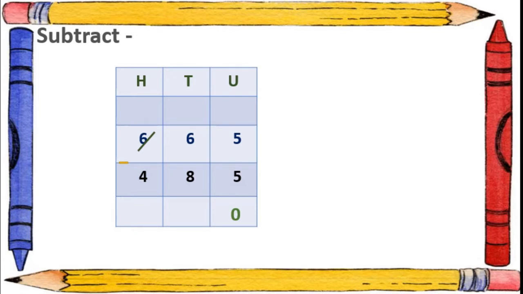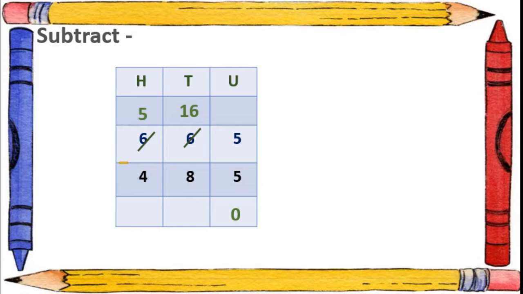You know that 100 is equal to 10 tens. Correct? 100 is equal to 10 tens. That 10 tens plus these 6 tens became 16 tens. Isn't it? And in the hundreds place, 500 remained.